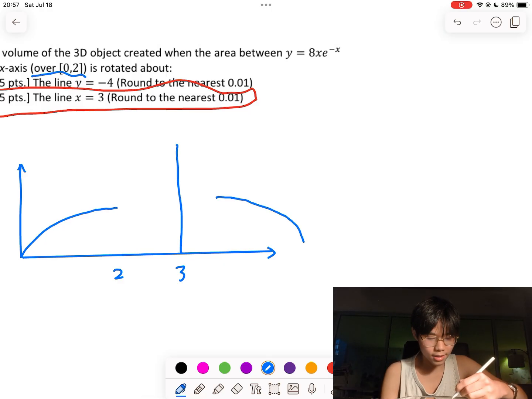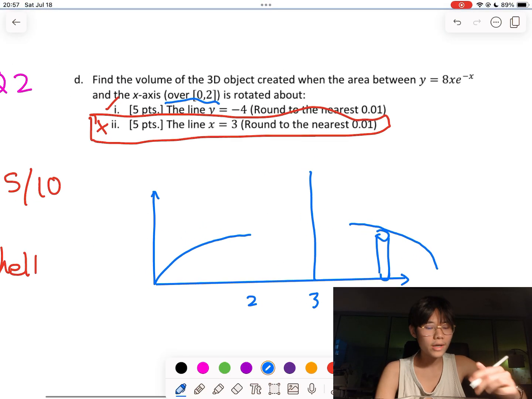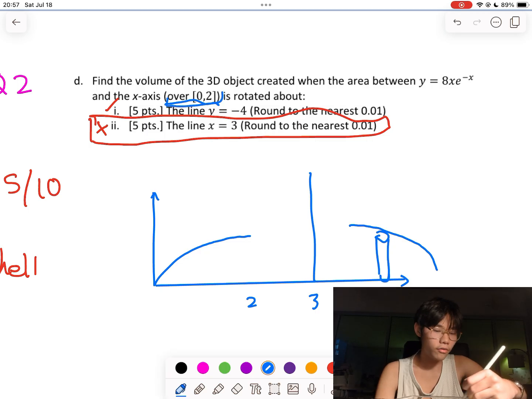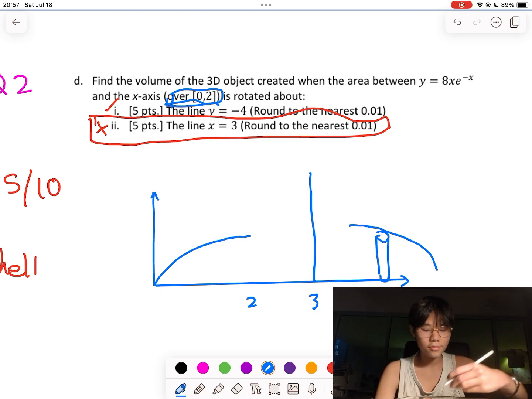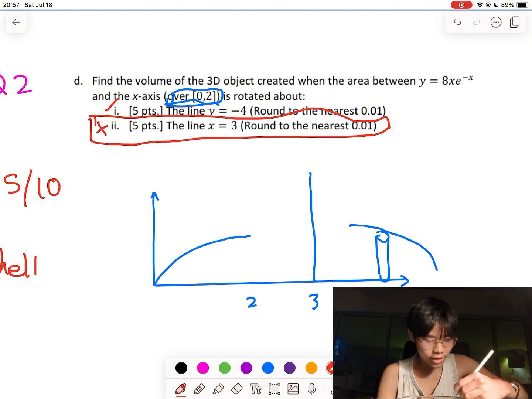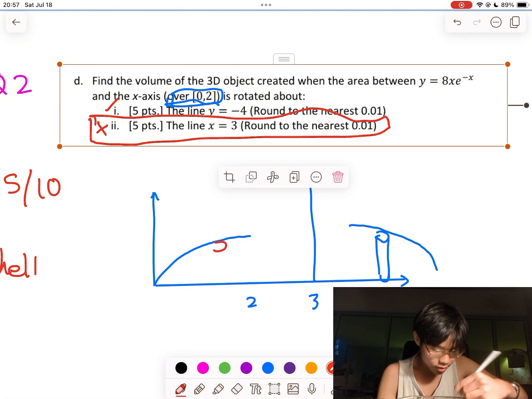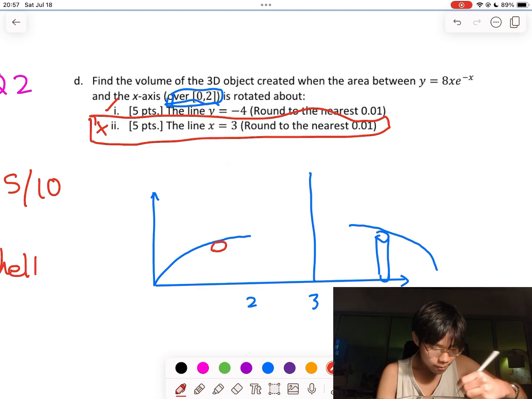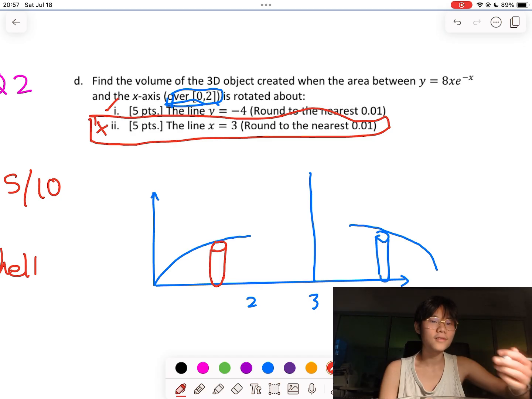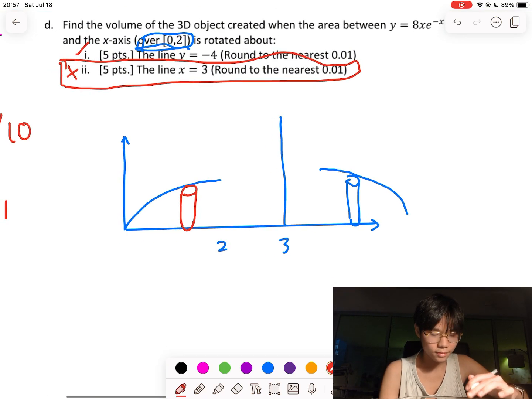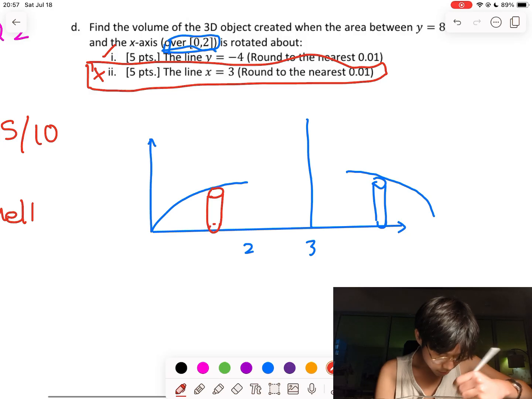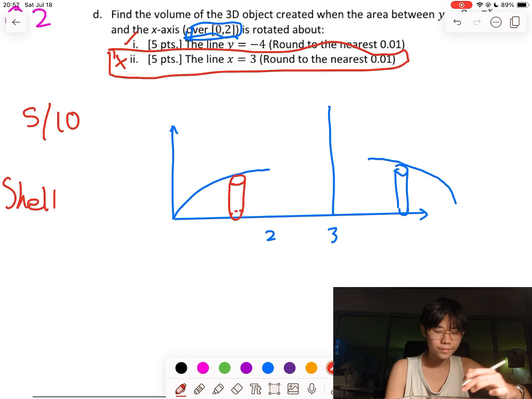The first mistake I made was putting the cylinder here, and we're trying to find over 0 to 2. It would have been easier to figure out the radius if I put the cylinder on the side where my interval is. Okay, that's the first thing.